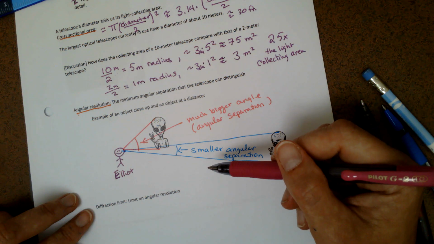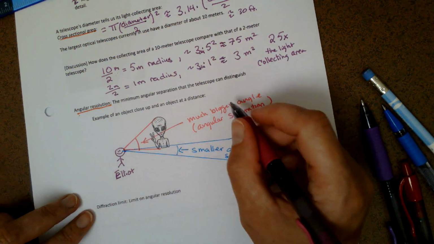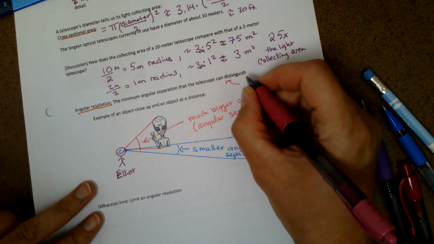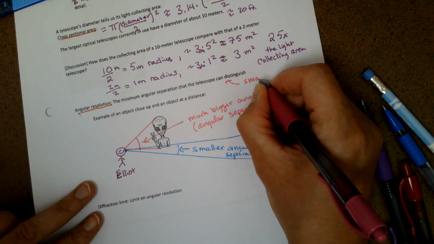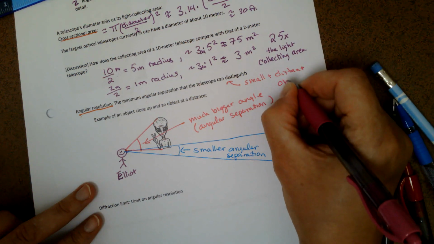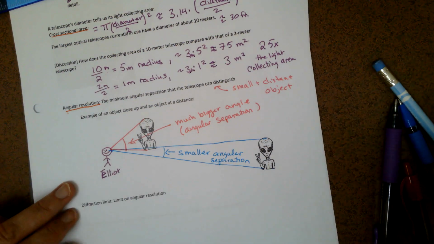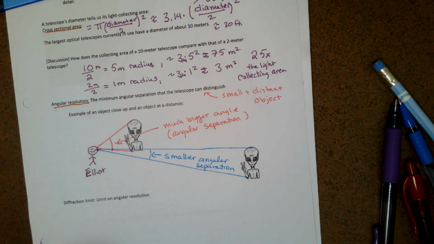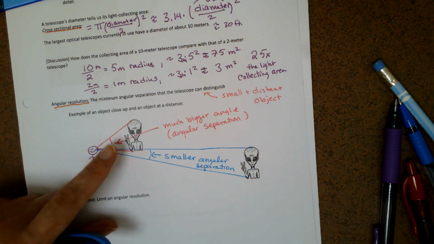So this tells you, can you see objects at a distance? If the object is smaller or farther away, there's going to be a smaller angular separation from the top to the bottom for that field of view.